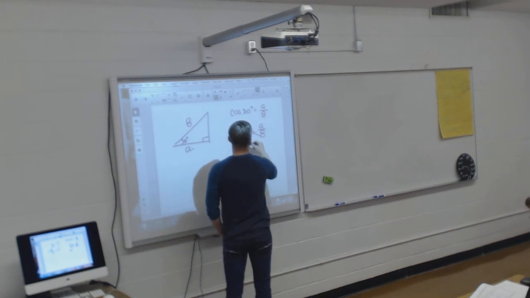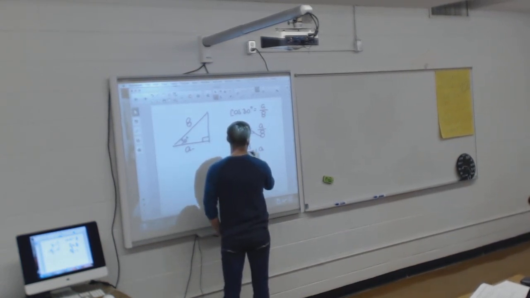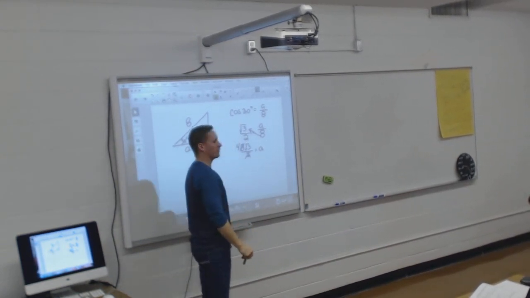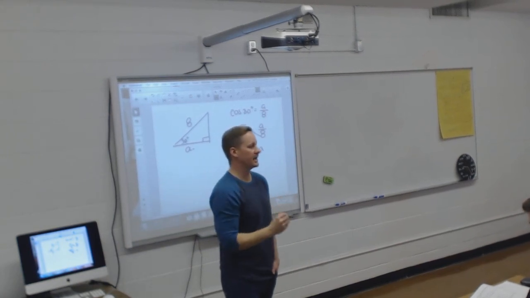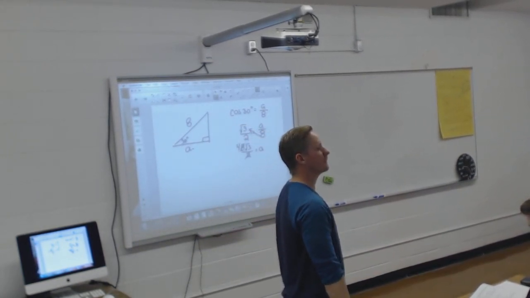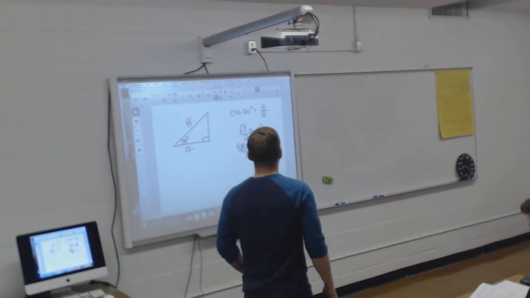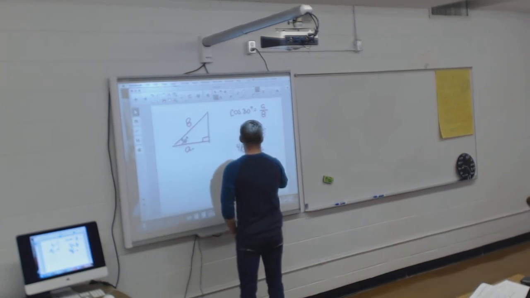Gives me 8 root 3 over 2 equals A. That equals 4 root 3. That's an exact value. We don't want to change it. Okay? So A is 4 root 3.